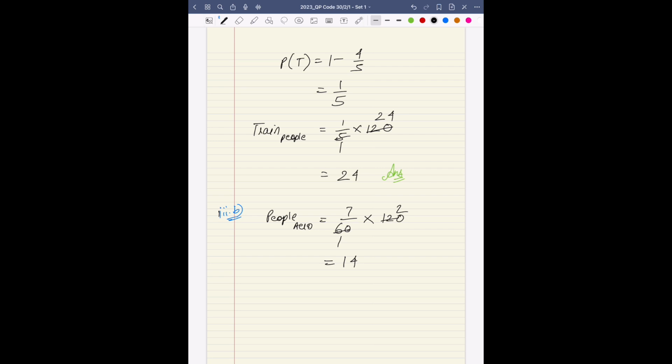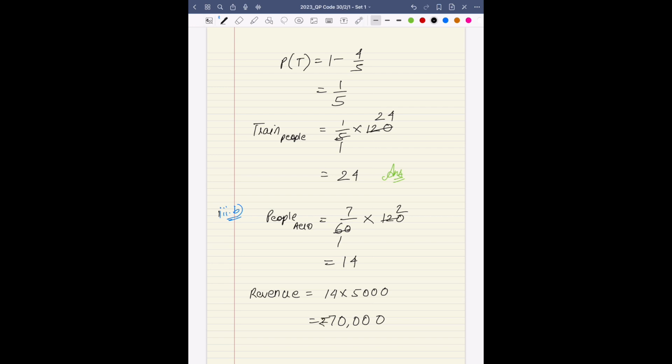Correct? So what will be the revenue? Revenue will be 14 times 5,000. Right? 14 into 5, how much? It is 70. So is it in rupees? Yep.